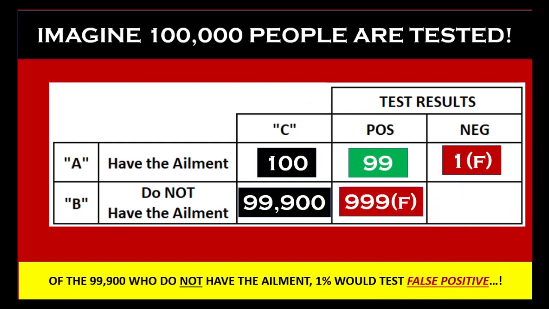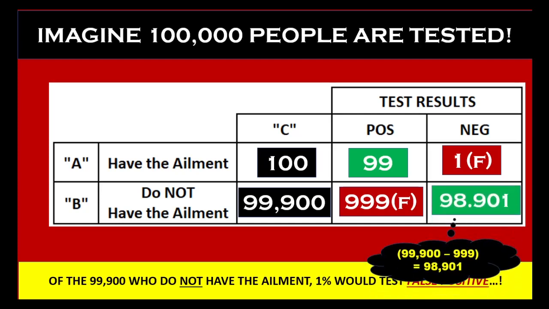Fair enough? Now, of the 99,900 people who do not have the ailment, 1%, unfortunately, would be tested as false positive. That is, they would be told that they actually have the disease when they don't have the disease. And 98,901 people would be told correctly that they do not have the ailments.